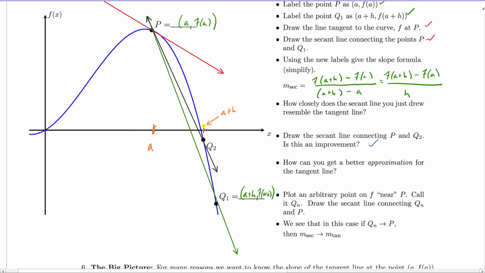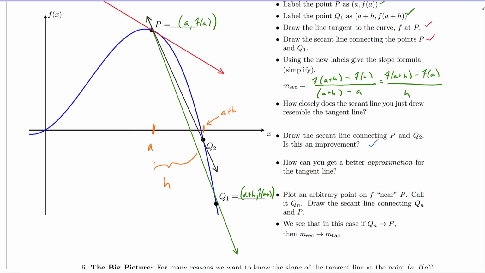So what does that mean that H represents? H represents the distance between A and A plus H. Okay? So H is that distance, and what do we want H to do? We want H to tend towards 0. Okay? As H tends towards 0, that means A plus H gets closer and closer to A, bringing this in.